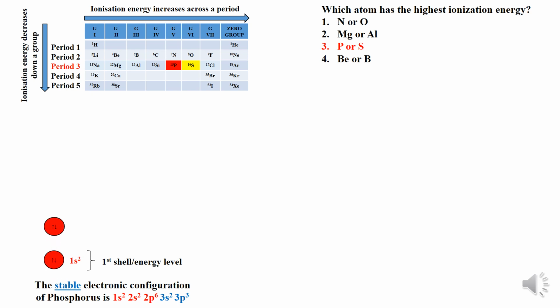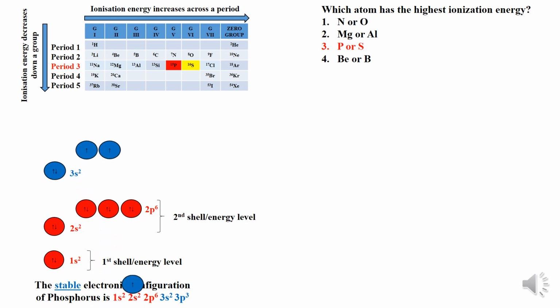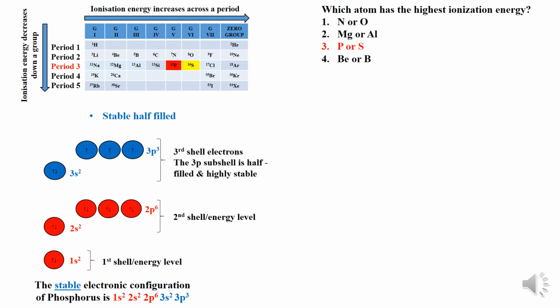I told you in the beginning of my session, atoms with the general electronic configuration of ns2, np3 will be highly stable because they have a half-filled stable electronic configuration. When you observe the valence shell, the third shell electrons, the 3p subshell is half-filled and highly stable. It has a stable half-filled configuration and is therefore difficult to remove, with a high ionization energy.